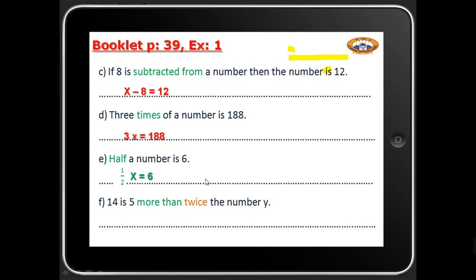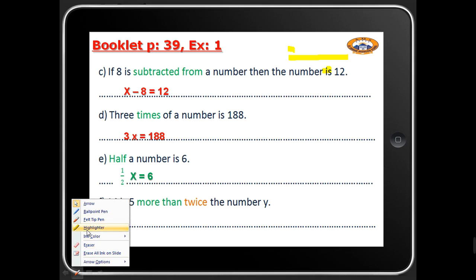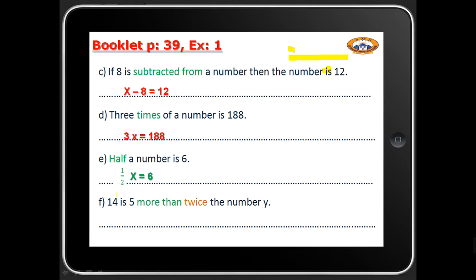Another one, 14 is 5 more than twice the number. Here is the equal. So this is the short part of the equation, this is 14. And now we're going to write the long part. 5 more than, we agree to change it into plus. 5 plus what?